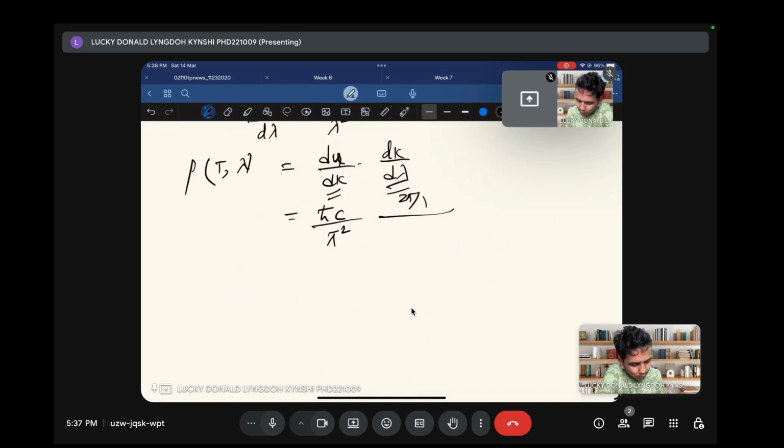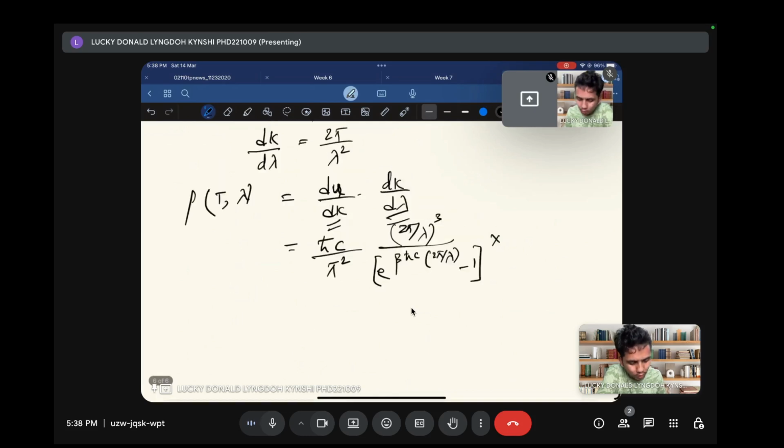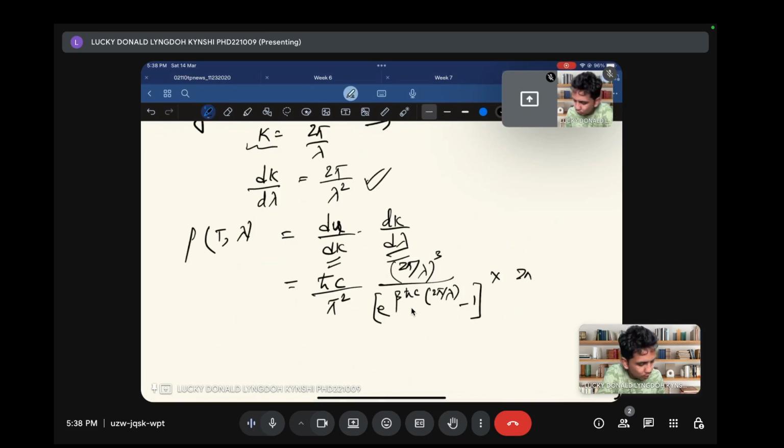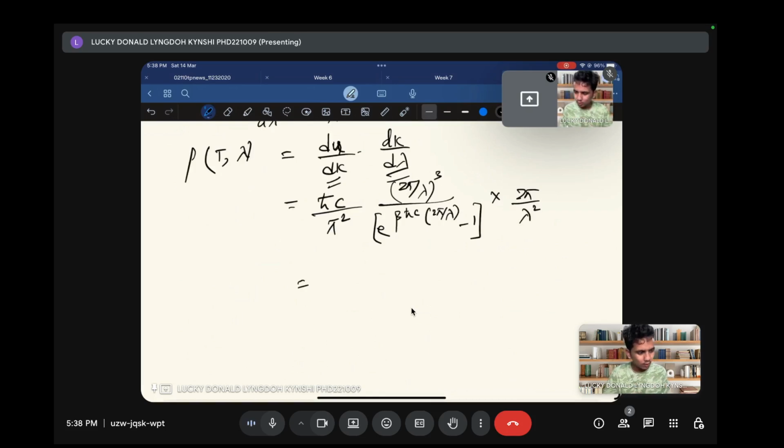Then we get e to the power of beta h cross c, with k again as 2 pi by lambda, minus 1, and dk by d lambda is 2 pi by lambda square. Now once you solve this, you get 8 pi h c over lambda to the power 5 times e to the power of h c by lambda kT minus 1.